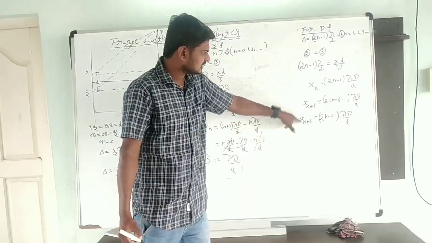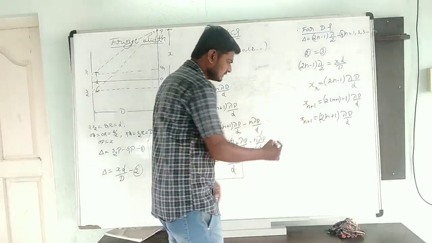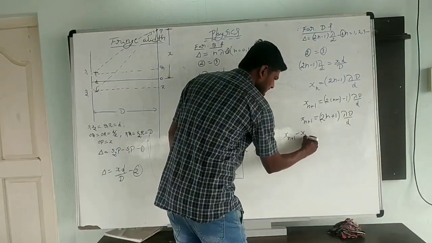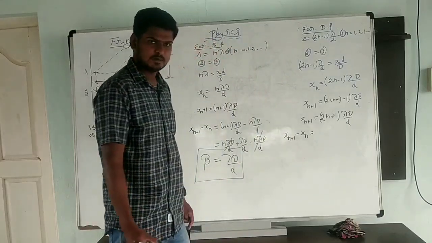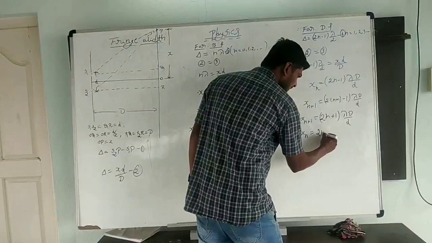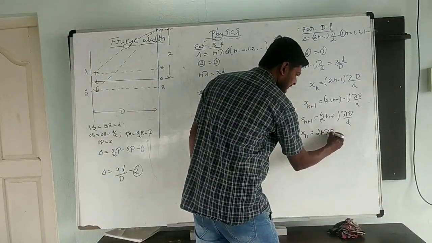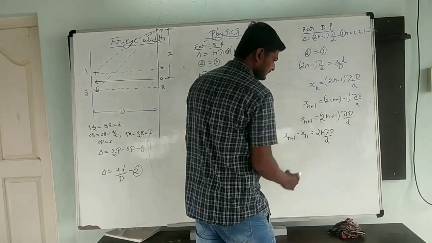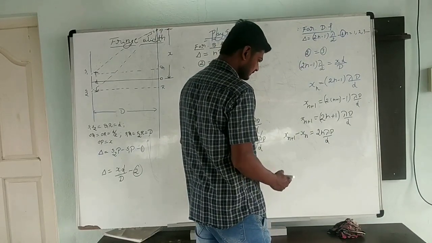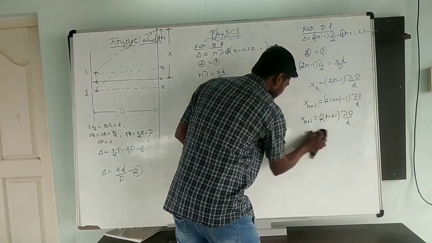Now, the distance between two successive dark fringes, the (n plus 1)th dark and the nth dark, means what?